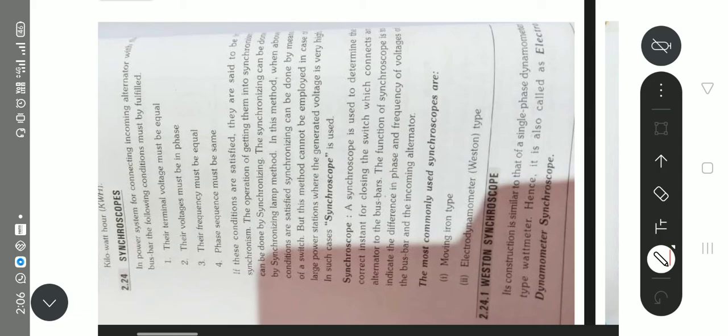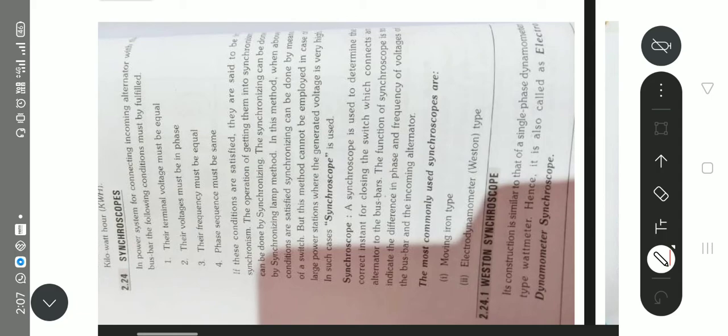The terminal voltage must be equal, the voltages must be in phase, the frequency must be equal, and the phase sequence must be the same. These four conditions must be satisfied by the machine. Only then will the machine be perfect. Otherwise the machine will be damaged. So we maintain these four conditions for any alternator in a power system.